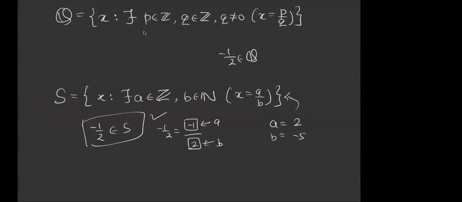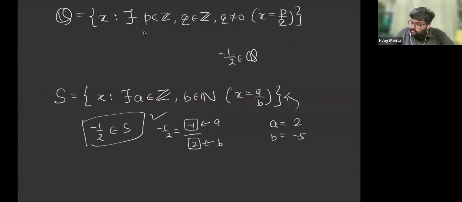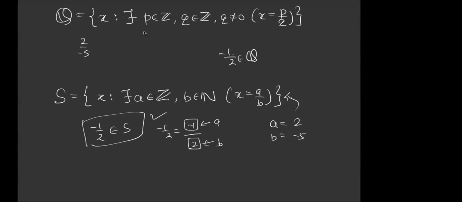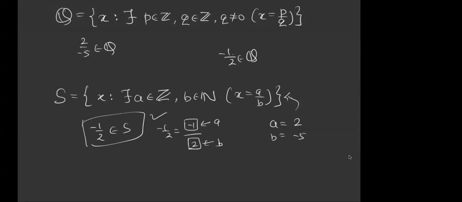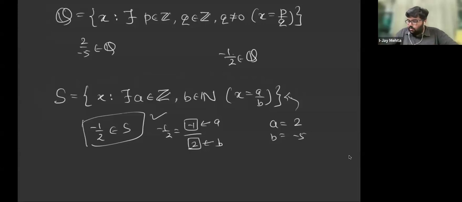Yes, sir. You wanted to give me this, right? 2 upon -5. Is it in Q? You agree with this? Yes, sir. Okay, Ashwini, right? Okay, clearing the feedback. How many of you agree that 2 upon -5 is in Q?